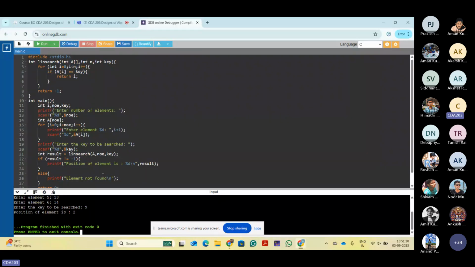Okay, so it's very easy. You have used the function, but you could directly write that code. You don't need to use the function even. So it's fine.